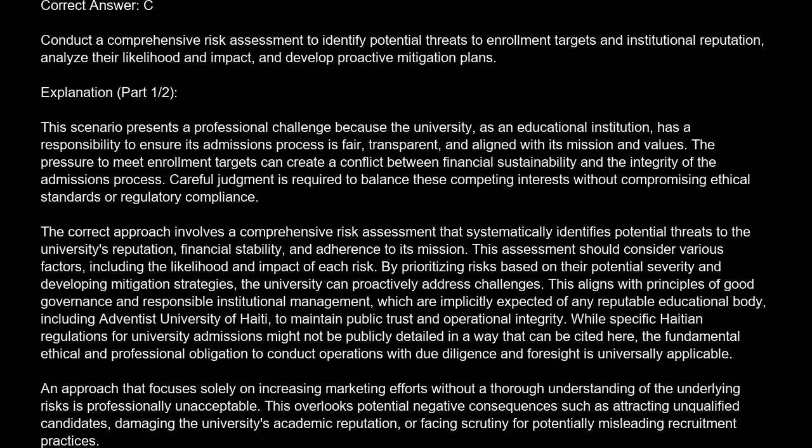This aligns with principles of good governance and responsible institutional management, which are implicitly expected of any reputable educational body, including Adventist University of Haiti. Maintain public trust and operational integrity. While specific Haitian regulations for university admissions might not be publicly detailed in a way that can be cited here, the fundamental ethical and professional obligation to conduct operations with due diligence and foresight is universally applicable.